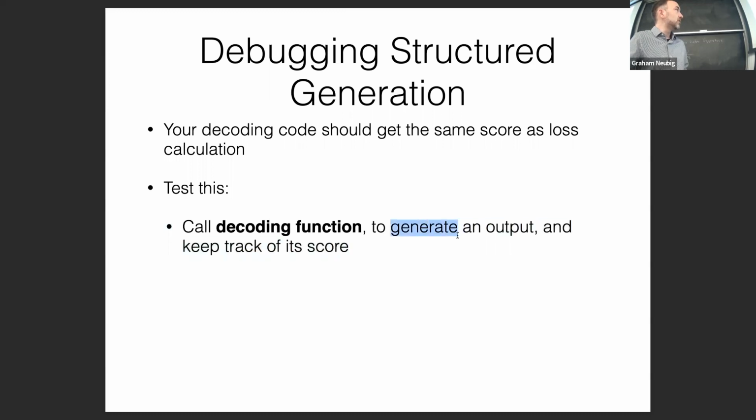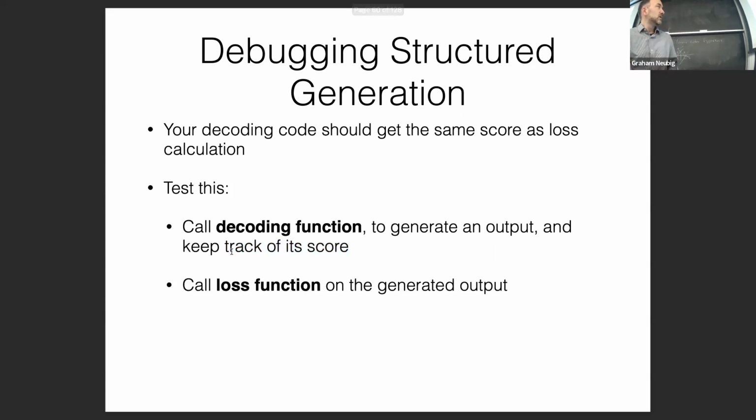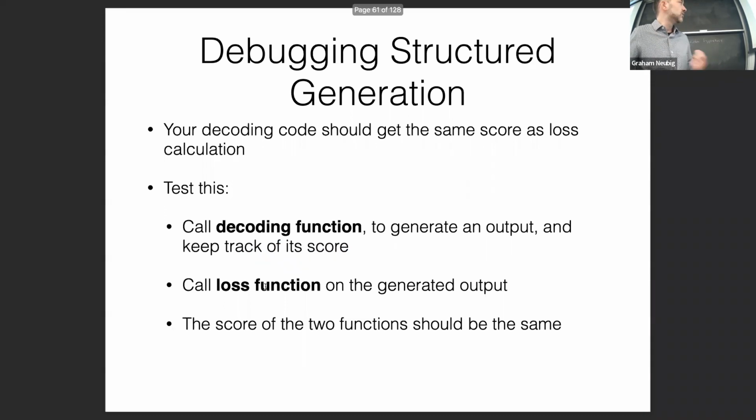Almost always this will also keep track of the score, because you calculate the score when you're generating the outputs. Then after that, you can put the output through your loss function and calculate the score, and these should match, because the score calculated when you're generating should match the score that you get when you're calculating your loss. If they don't, that is indicative of an issue. And you can create a unit test doing this as well.